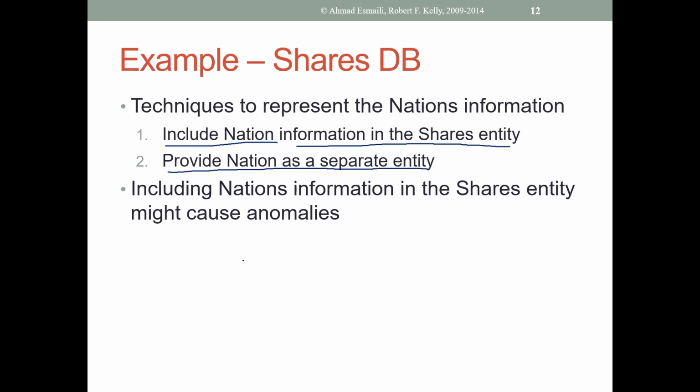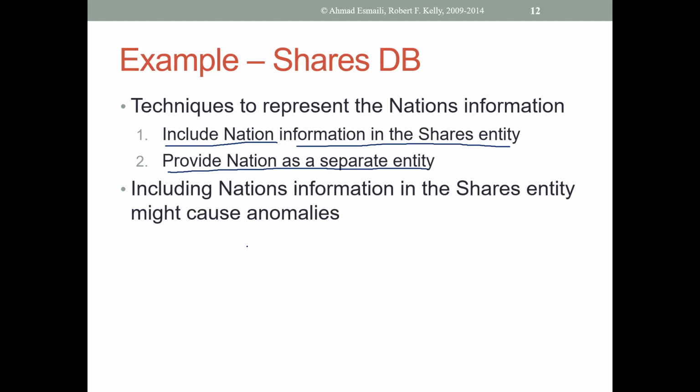Now you might be wondering, why is this person making life so complicated? Why not keep everything in one table? If you remember the previous data about shares, then probably we did not have any information about the country in which these shares were listed.